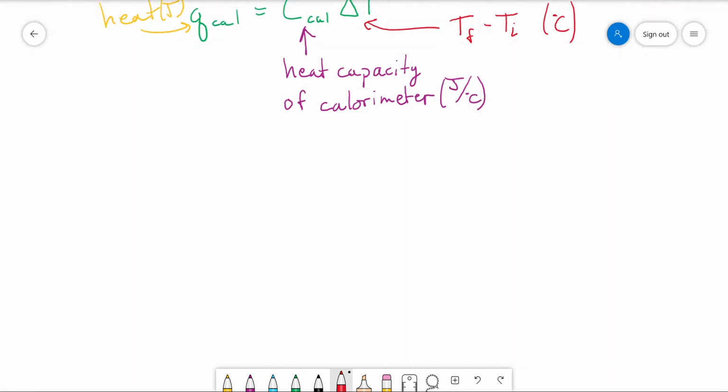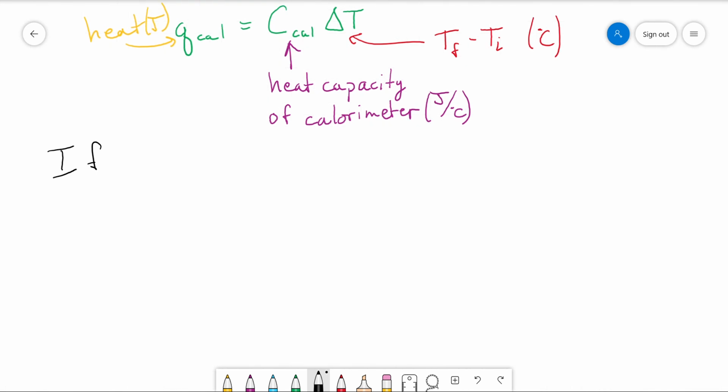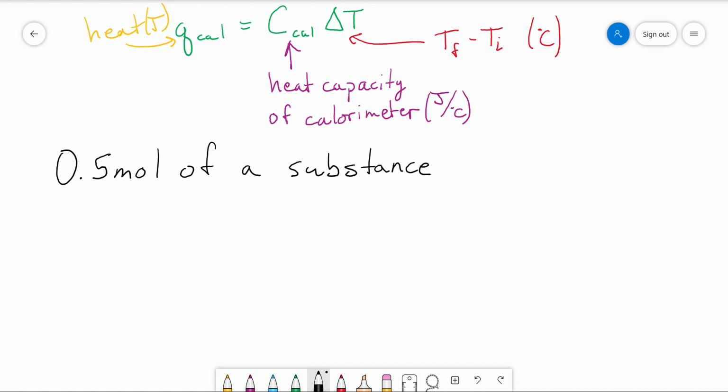Okay, so let's do a quick problem. 0.5 moles of a substance is combusted.